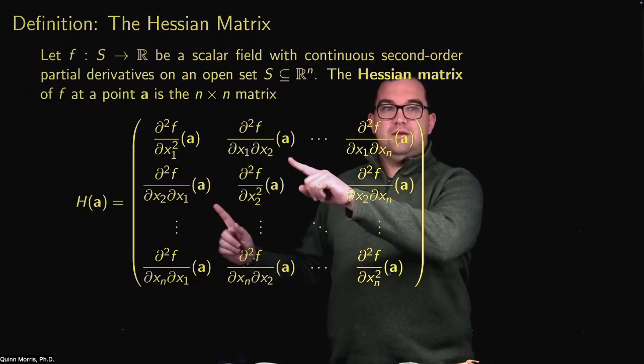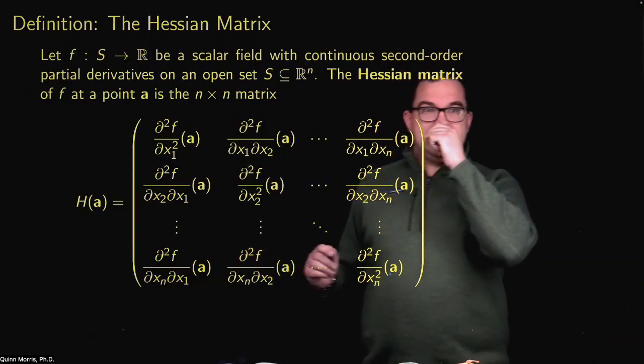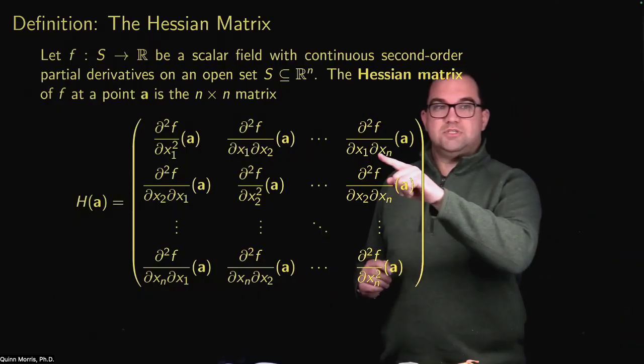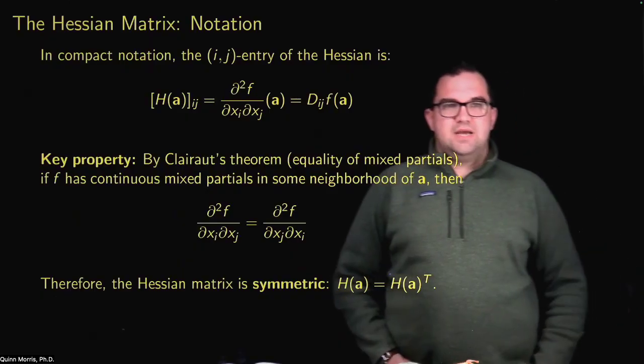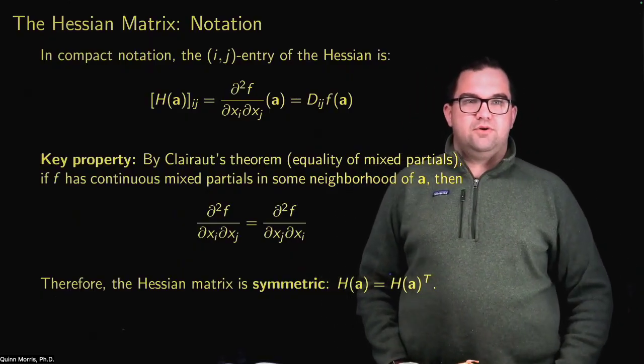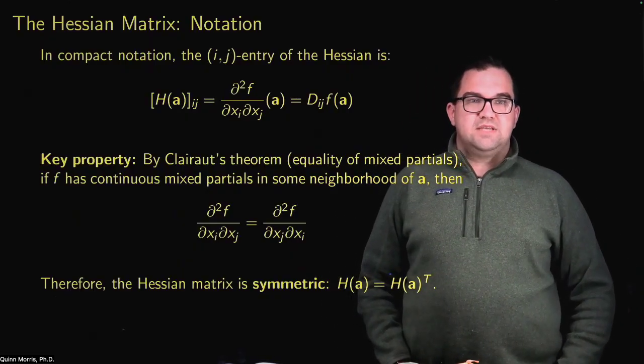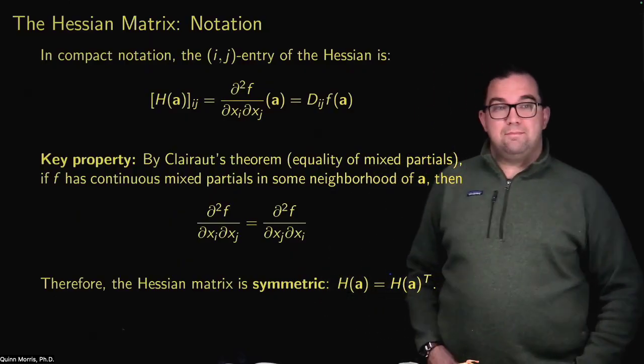In fact, if all the second order partial derivatives are continuous, all of the mixed partials will be equal. So you get this nice property that by Clairaut's theorem, this Hessian matrix will be symmetric.